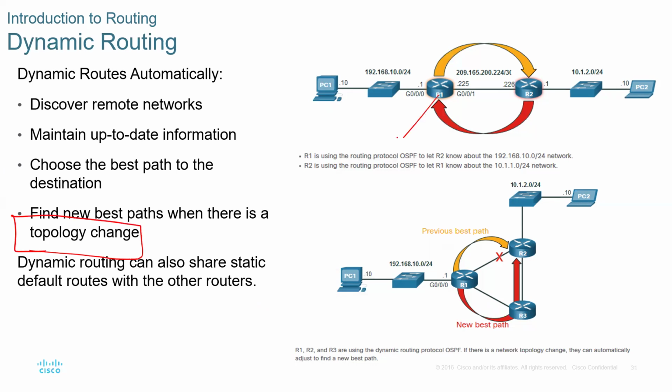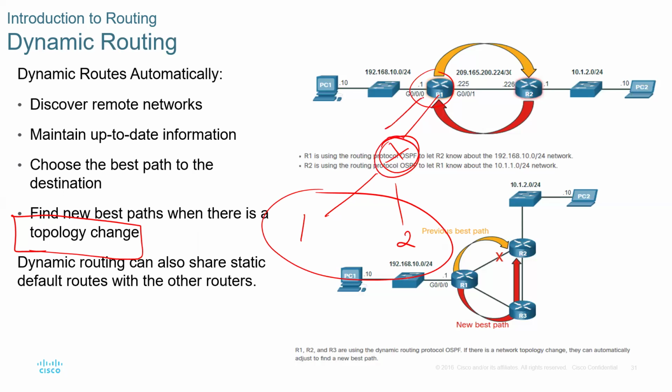If we add another router here, doing this topology change, and there is no static route for the router we've added, then if you want to reach 1 and 2, you go via R1, through interfaces A, B, C, D. Without that, you will never be able to communicate with these two. But with a dynamic routing protocol, once the router is placed in the network, it starts communicating with the others. It says, I know 1 and 2 over here. This one then knows as well, and tells the next one, I know 1 and 2 because this one knows 1 and 2.